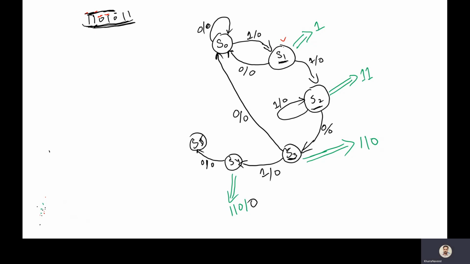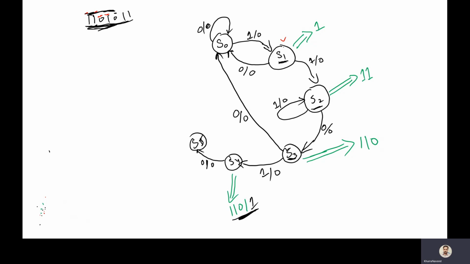And what if we get this situation where the input is 1, not 0? In this case, if you compare this binary code with this sequence, you will see this binary code is not part of the sequence that we are trying to detect, right?